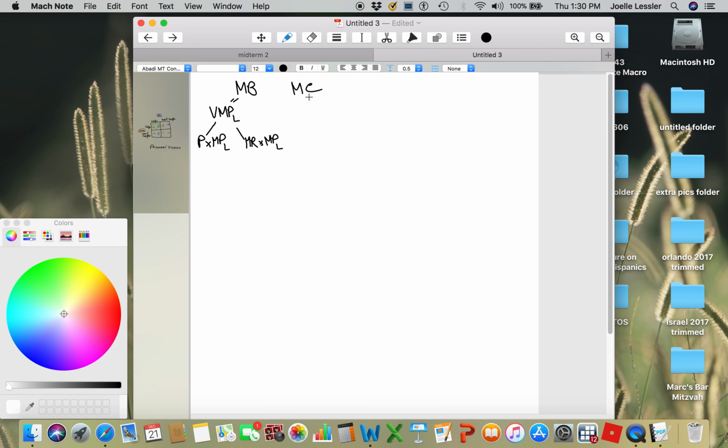The marginal cost of labor, we're going to call that the marginal factor cost, right? Because it's the marginal cost of the factor of production, in this case labor, which is abbreviated as MFC, marginal factor cost.